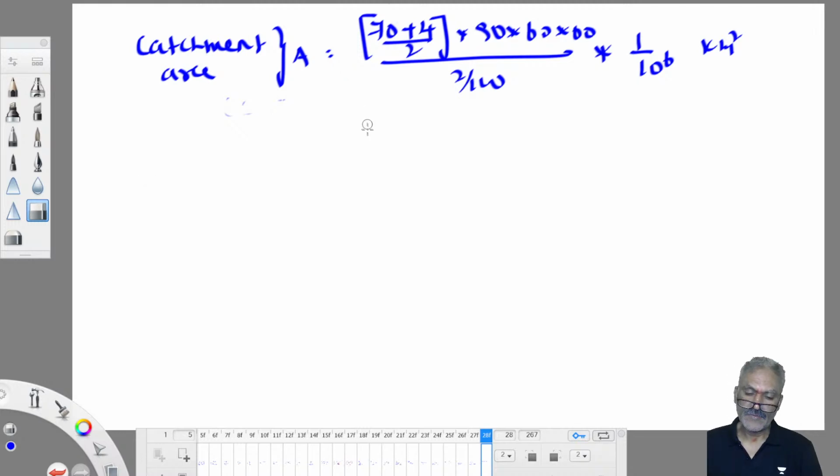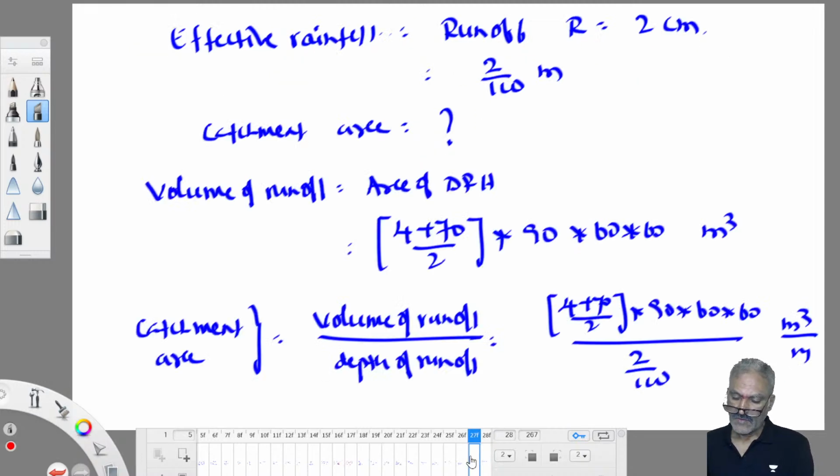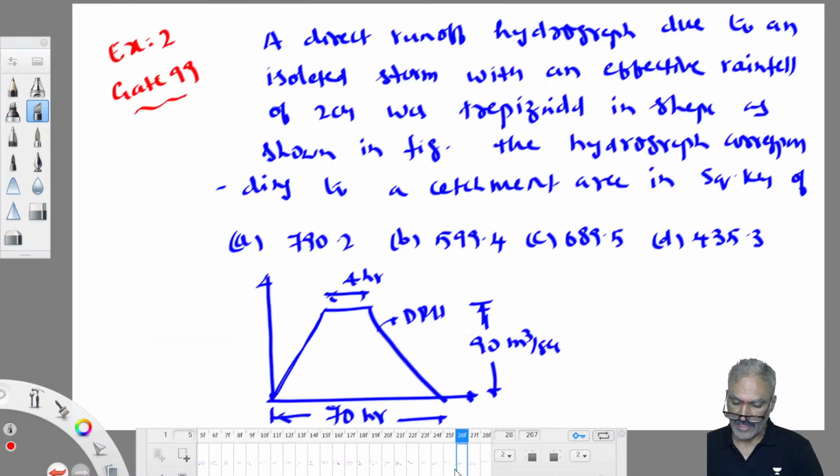So 599.4. I got exactly 599.4 square kilometers. That was the answer for this question. So this is how we work out numericals related to this. Is 599.4 there in the given options? Yes, B is the correct option.